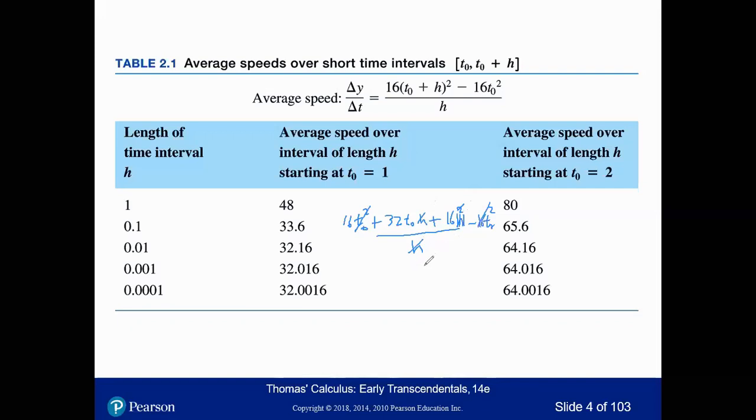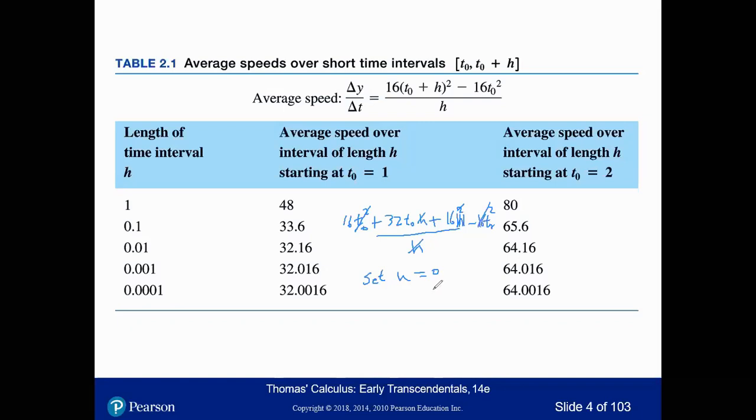Now, what if we set h equals to 0? What are you going to get? 32 t0, excellent, correct? Everybody see that?